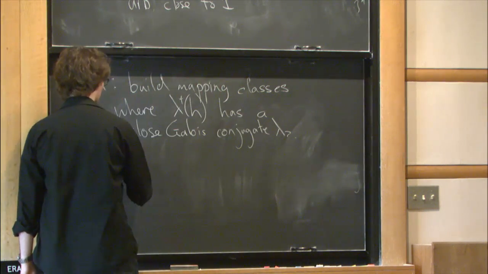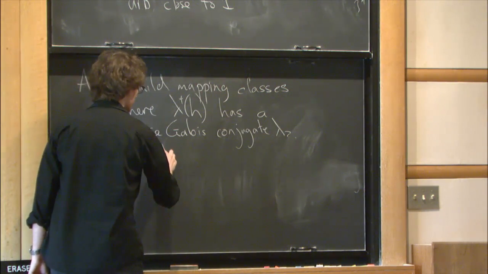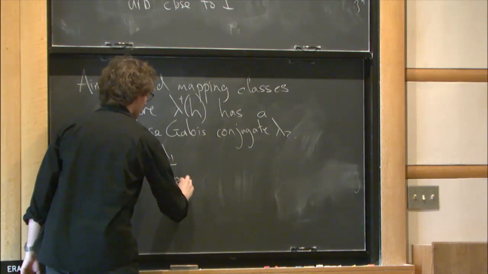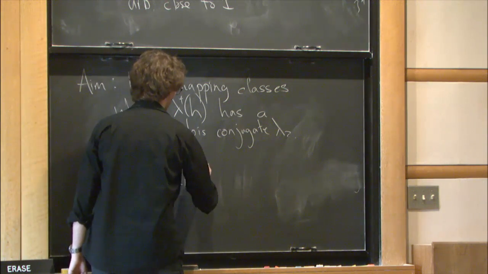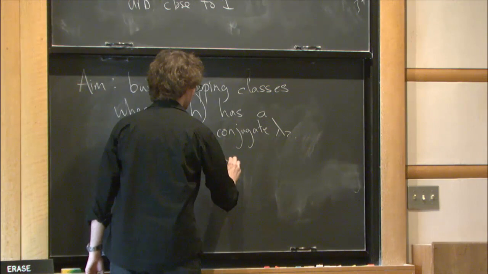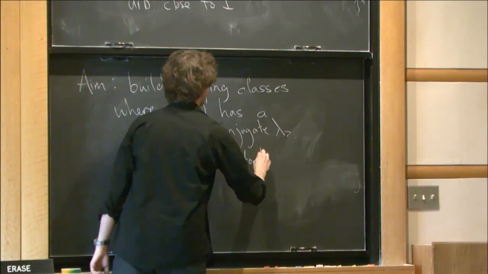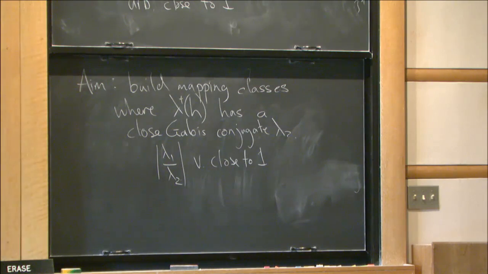So here, what we want is that this quantity lambda 1 divided by lambda 2 is very close to 1.